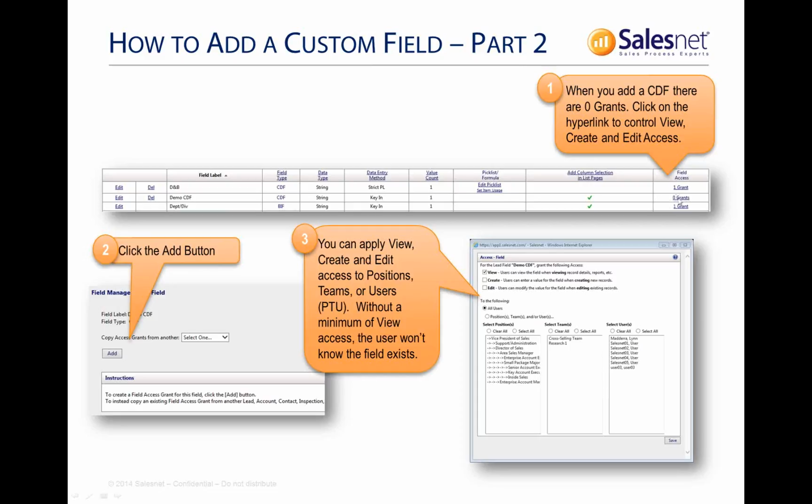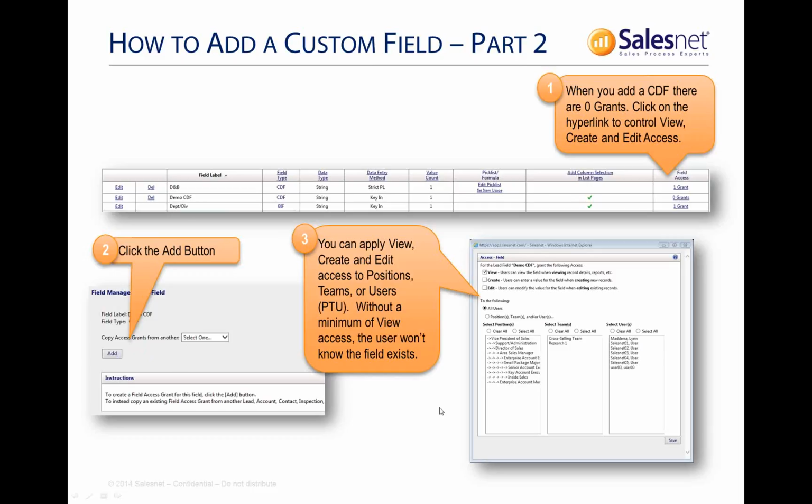That means no user in the system has access to that field right now. When I click on the 0 grants, that's going to bring me to a page where I can add a grant or add access. We use those interchangeably in Salesnet, granting access or usage.